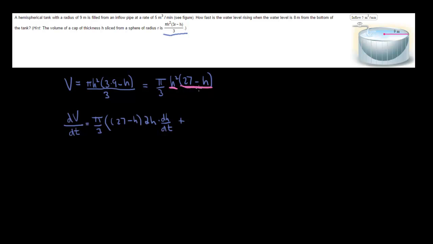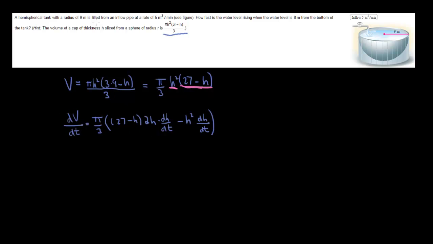The derivative of the second function is 0 minus 1 dh dt. So it's actually negative dh dt times h squared. So I'll say h squared times dh dt. That's the first function times the derivative of the second.